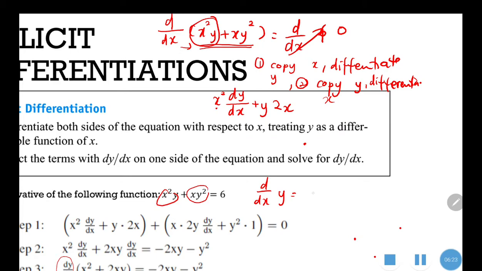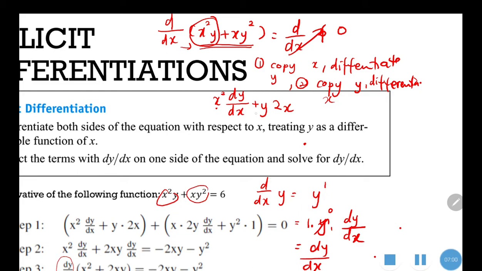To differentiate, this is y to the power of 1. When you differentiate it, the 1 will become 0 and this one will become y to the power of 0, and this will be dy/dx. When you differentiate y, you will get dy/dx.